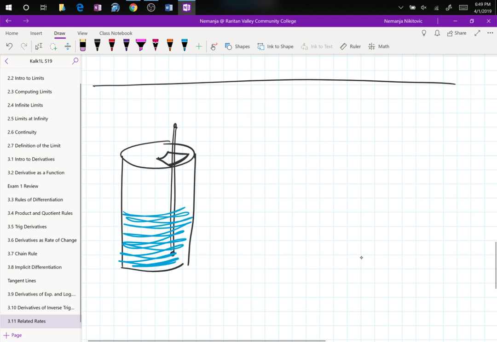So we have the height of the liquid, and we have the volume of the liquid. We also have the radius of the can. Now, this is something that you can actually do when you're out because you have access to Google through your phone.